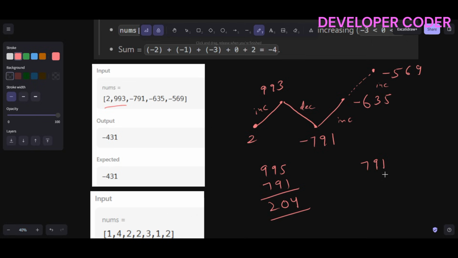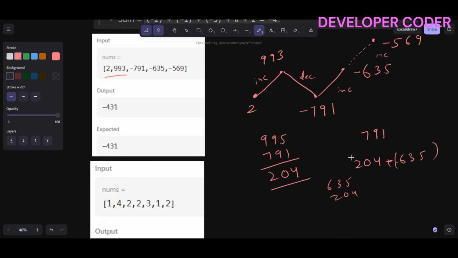Now from this 204, let's subtract minus 635. Plus and minus 635. That simply means 635 minus 204. So what you are going to get here is minus 431.